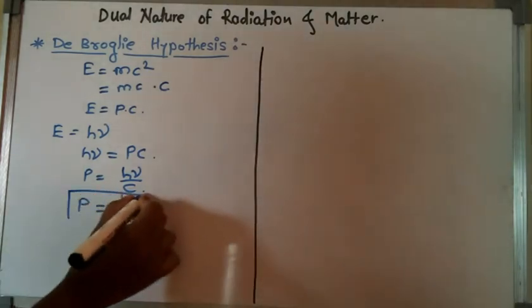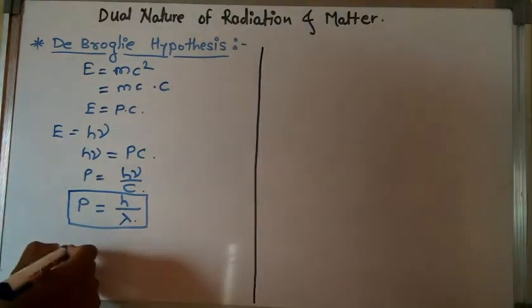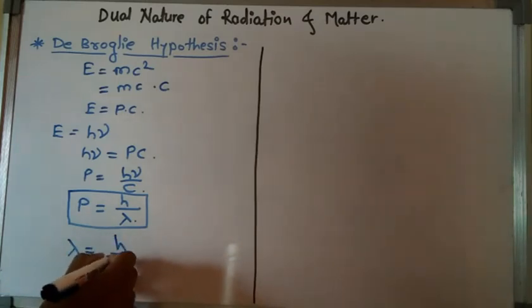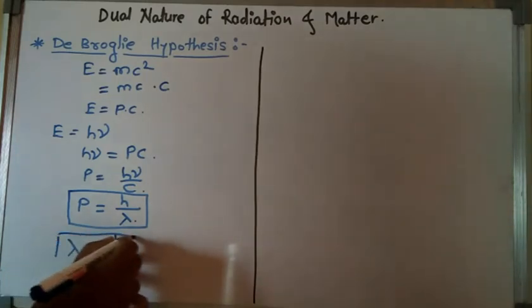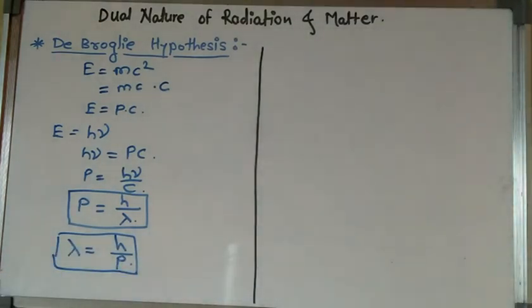Therefore p is equal to h divided by lambda, and therefore lambda is equal to h divided by p. This is called the de Broglie's relation, the de Broglie's wavelength or de Broglie's equation.